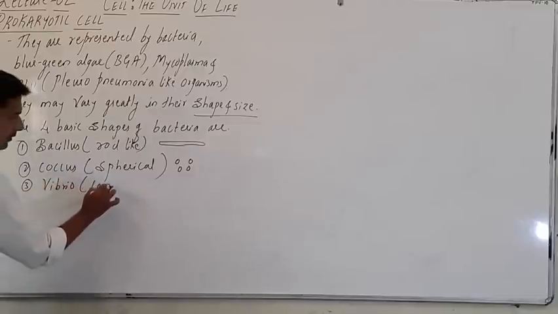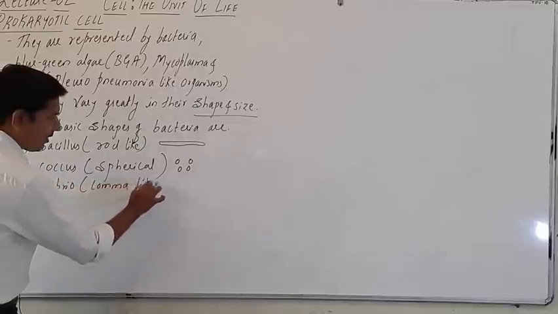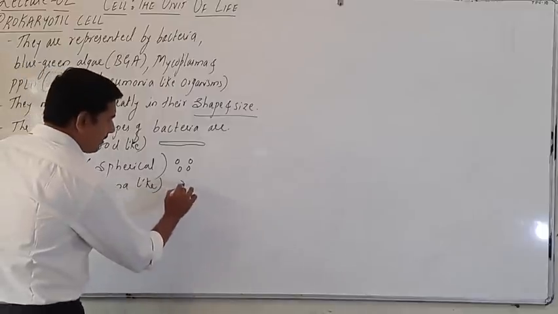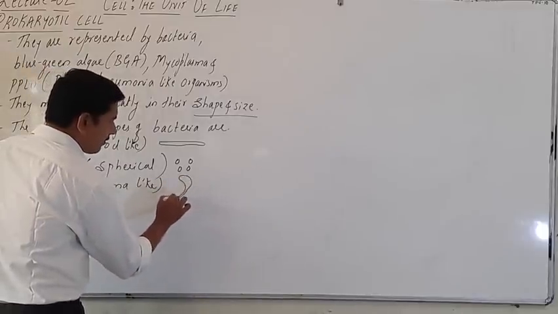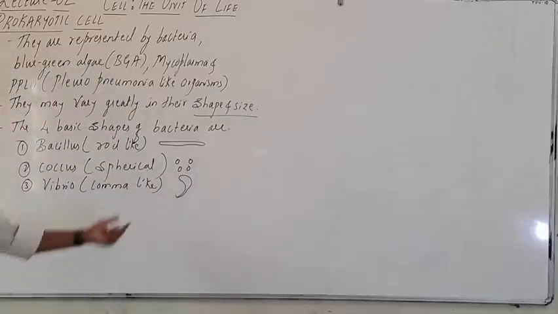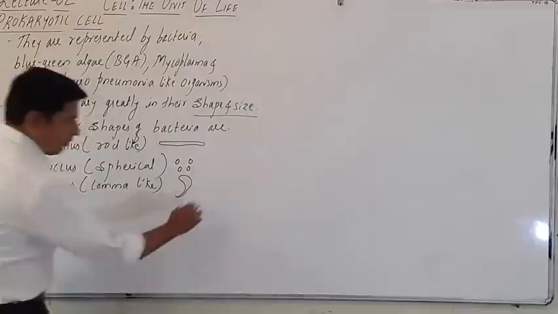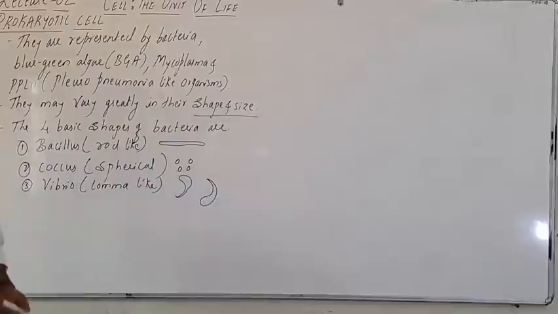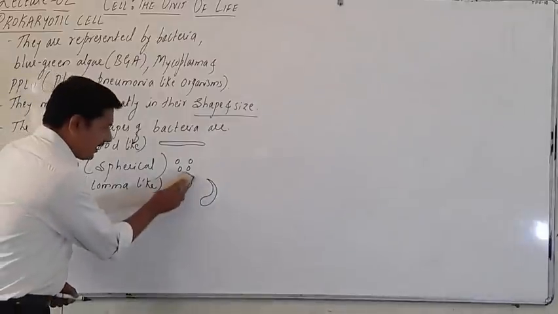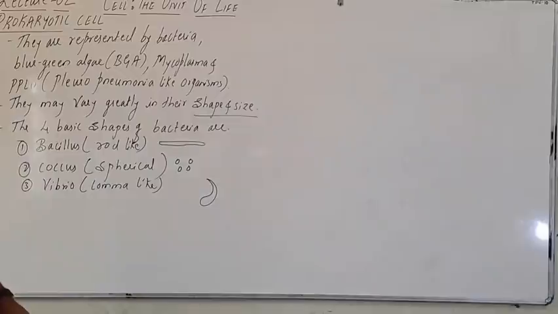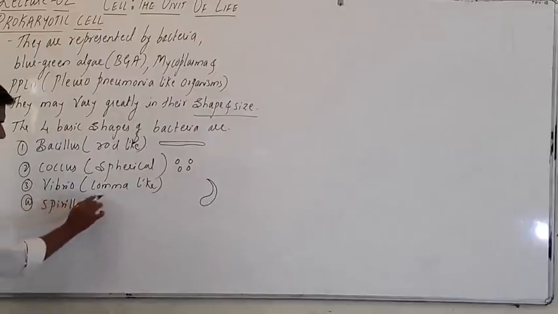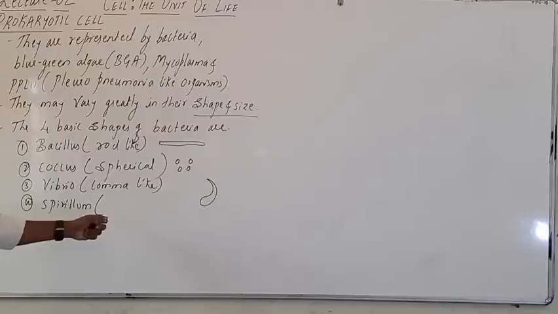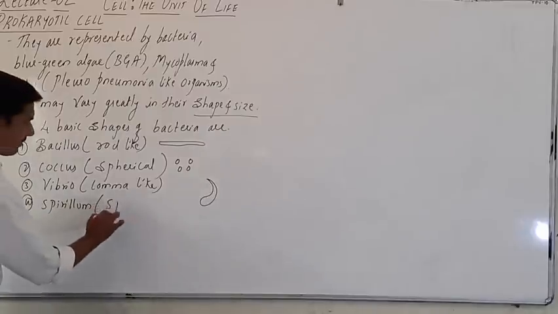This is comma-like, or we call it comma-shaped. Okay, so comma-shaped bacteria are called vibrio, or we can also draw it in this shape. Then spirillum. This is spring-like, which is the last one, or spiral shape.